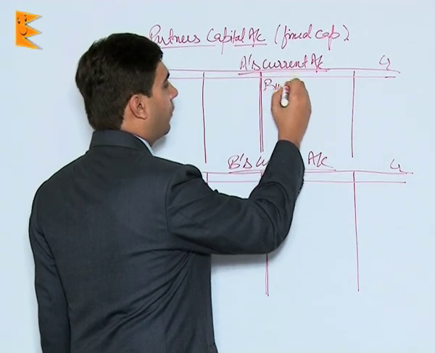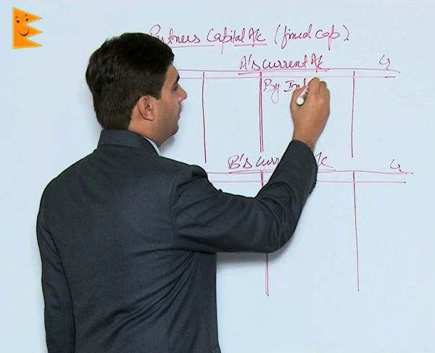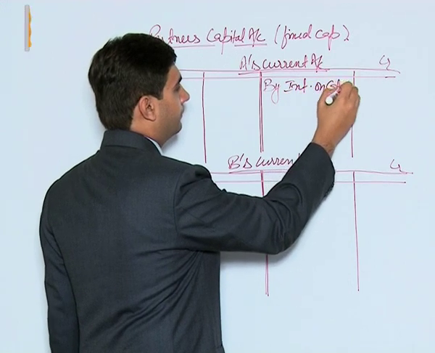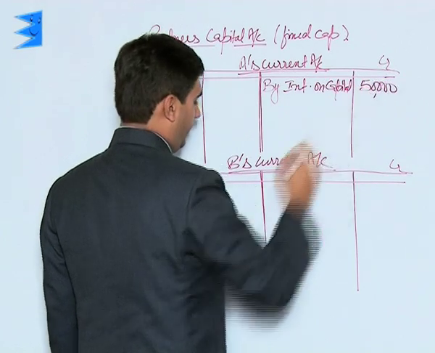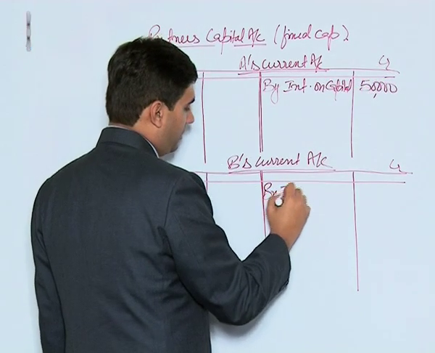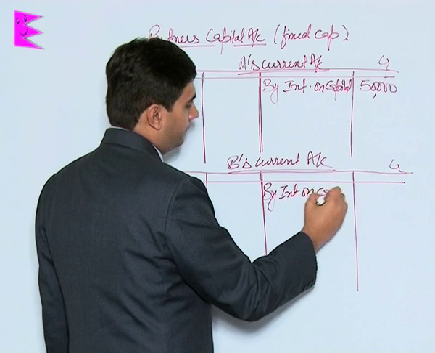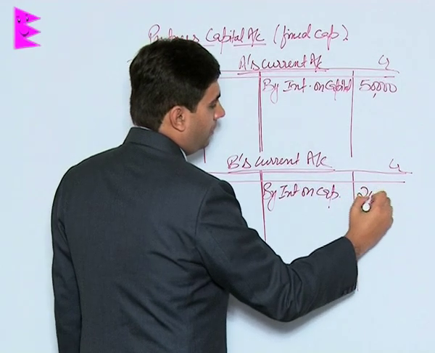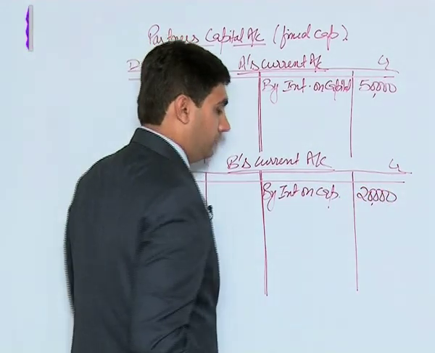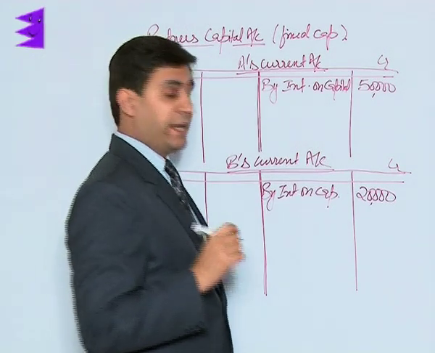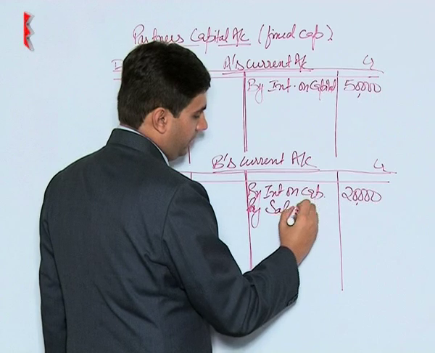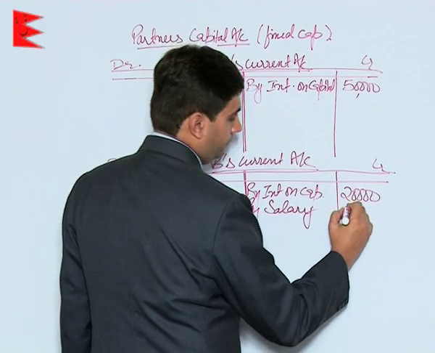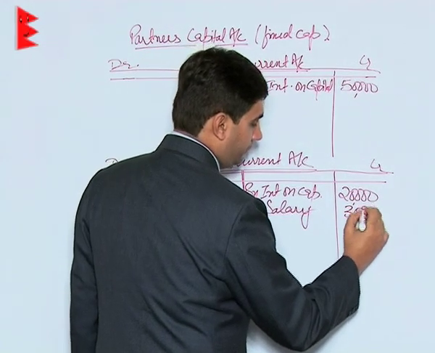So the first entry was by interest on capital. For A, interest on capital was 50,000, and for B, interest on capital was 20,000. B was also entitled to a salary of 30,000. So by salary 30,000.